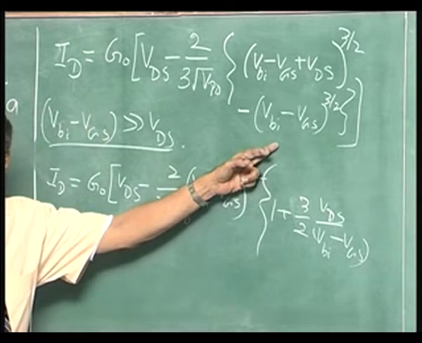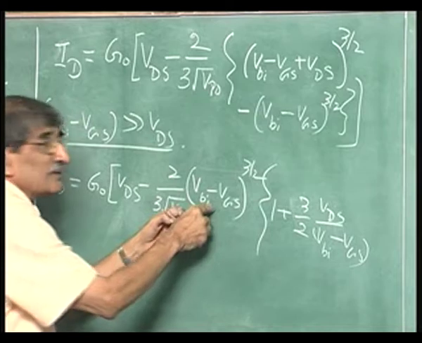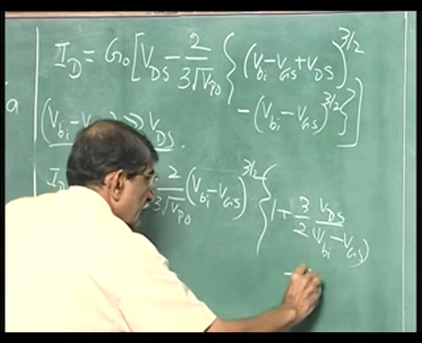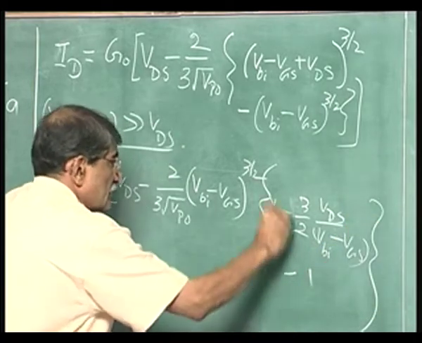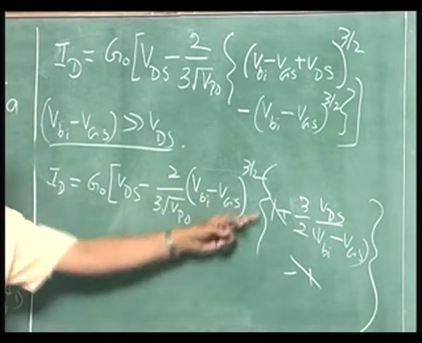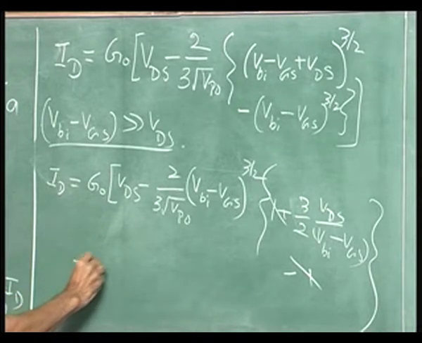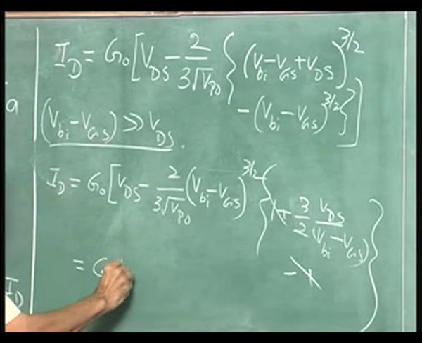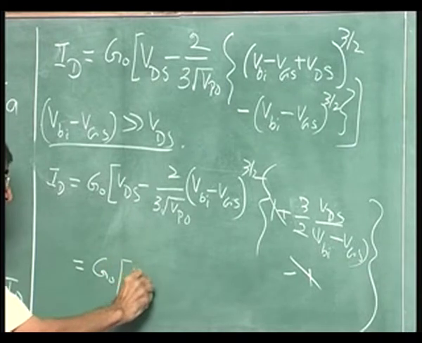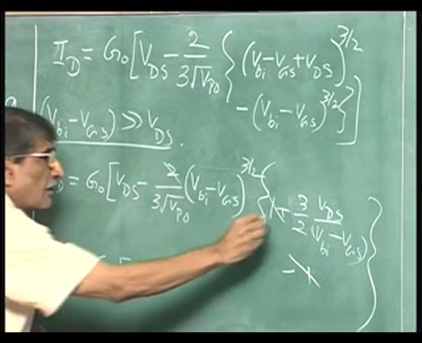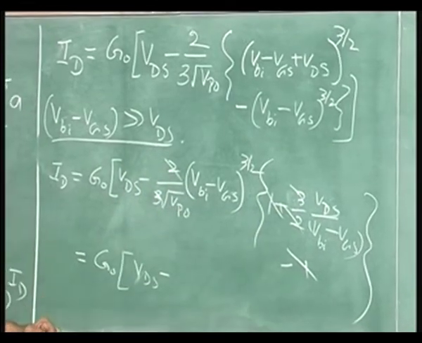What about this term? I have taken that out already, so I am carrying that minus 1. So, these two cancel, these two cancel, these two cancel, and I will be left with I d equal to G naught into V d s, all cancelled.